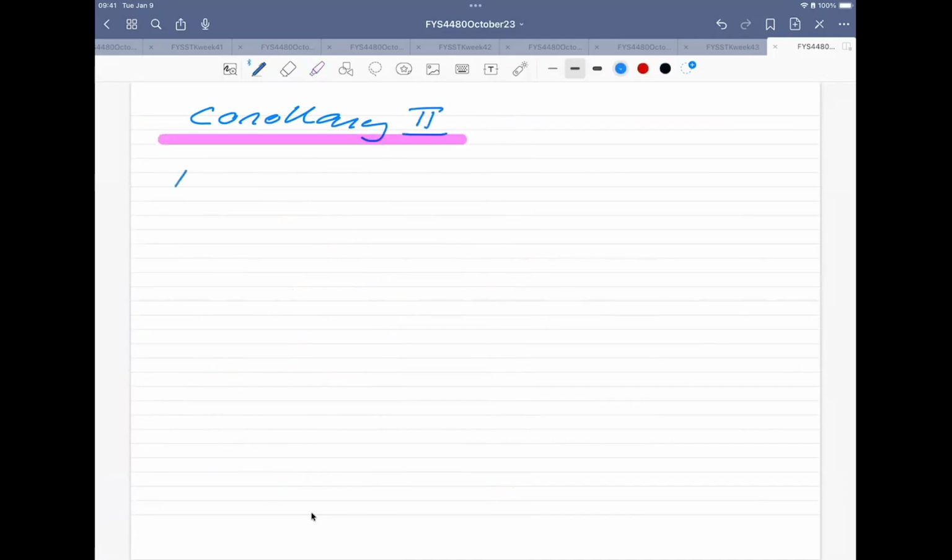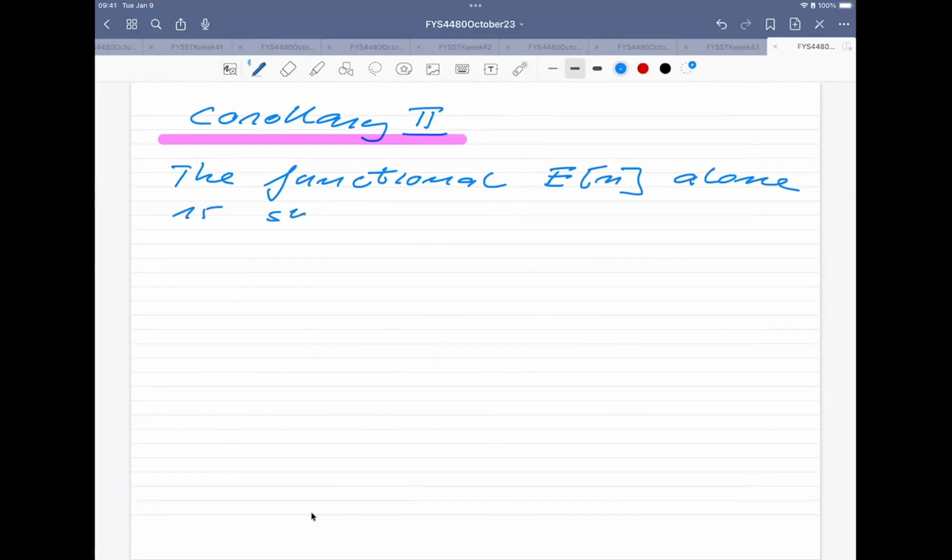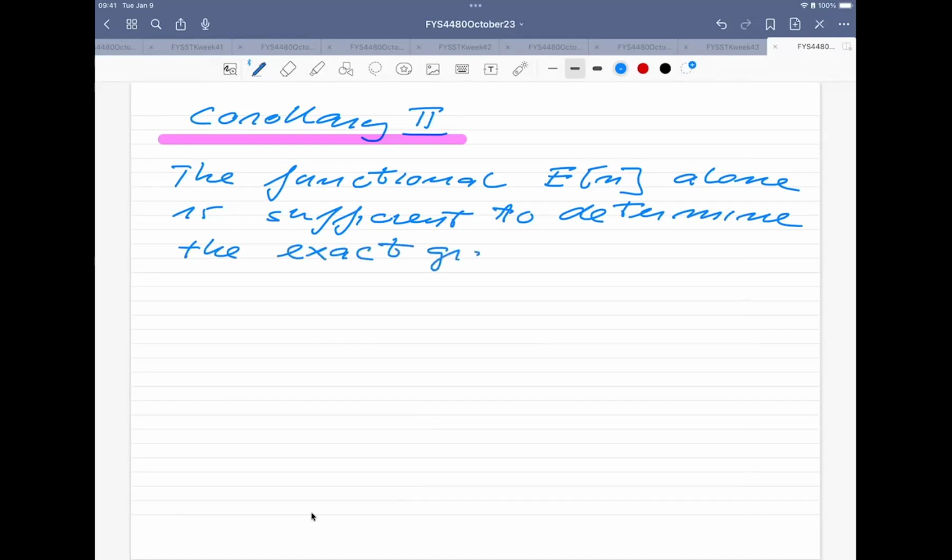So the functional E of n alone is sufficient to determine the exact ground state energy and density.